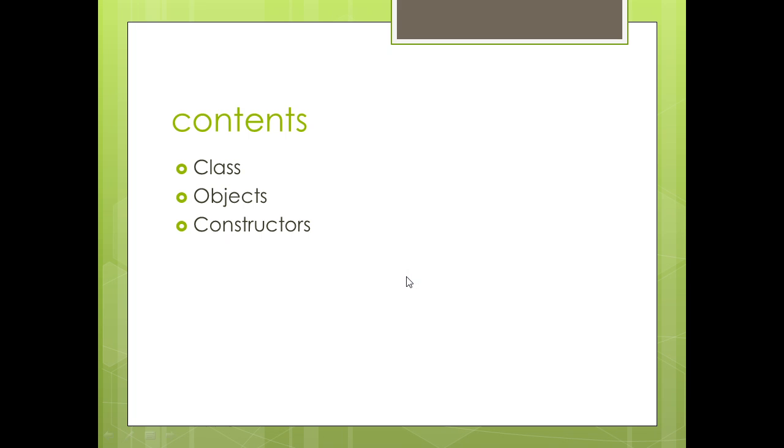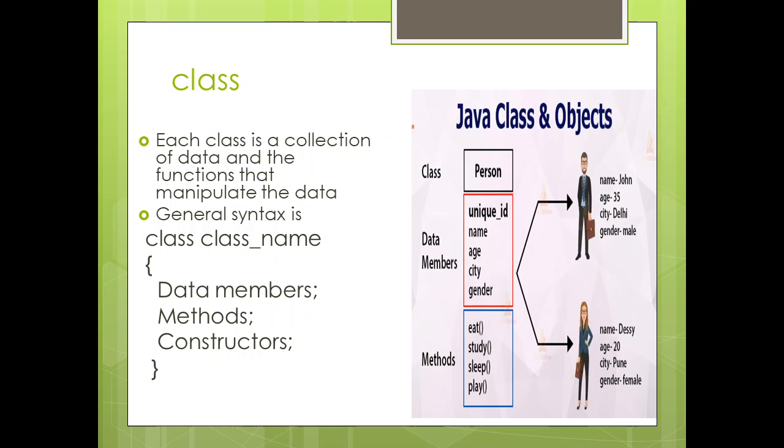Here we are mainly discussing classes, objects, constructors, etc. If we take the concept of a class, each class is a collection of data and the functions that manipulate the data. Here the data and functions can be manipulated in the class itself.